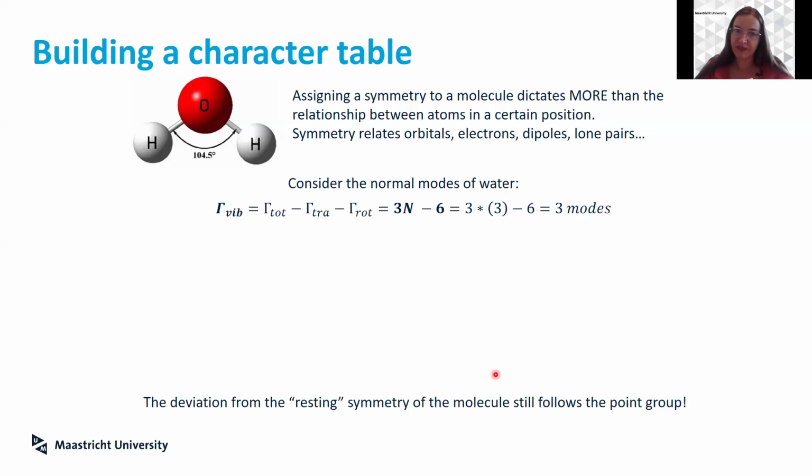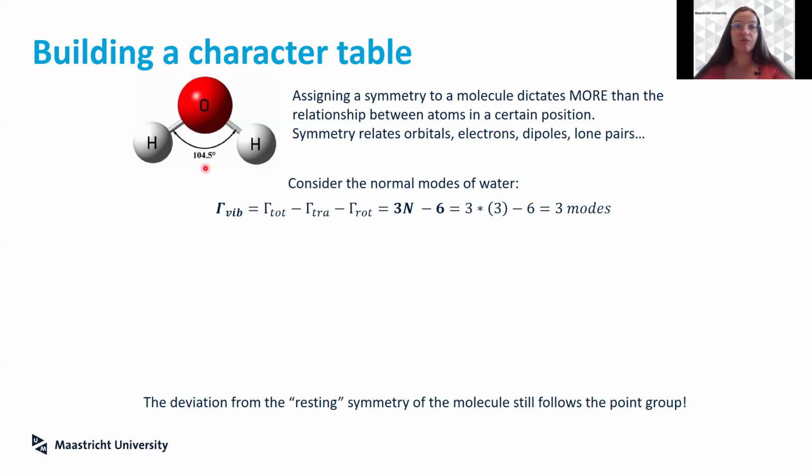The orbitals are following this arrangement in space. The dipoles are following this arrangement in space. The lone pairs are following this arrangement in space. So all that is related to this molecule from the point of view of a chemical entity is then following the symmetry that you know can be derived according to this molecule.